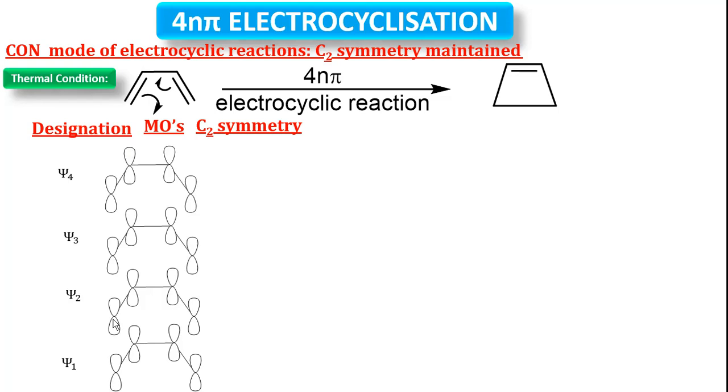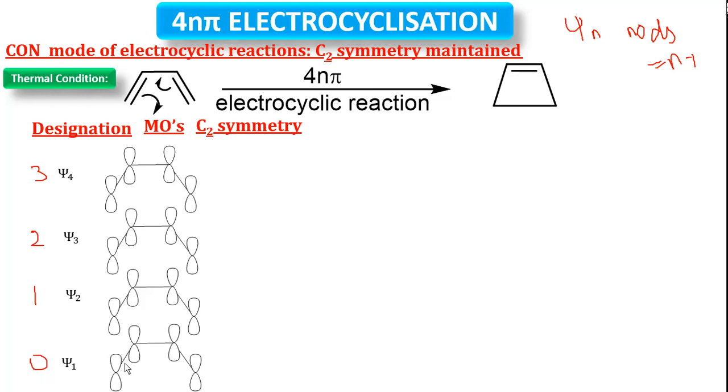So how to give the signs? Psi1 has 0 nodes, psi2 has 1 node, psi3 has 2 nodes, psi4 has 3 nodes.